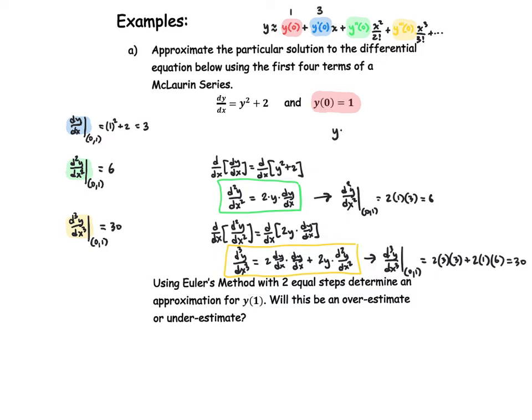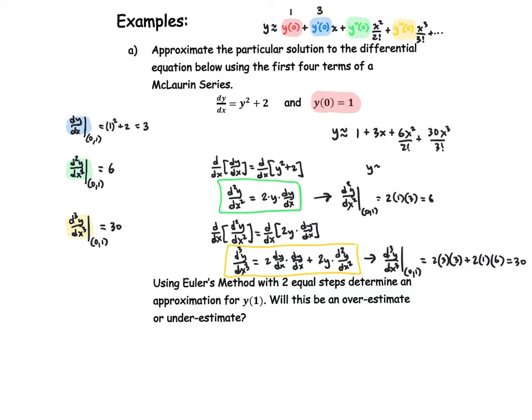So I can say confidently that y, our solution to the differential equation, will be approximately 1 plus 3x plus 6x squared over 2 factorial plus, what would that be, 30x cubed over 3 factorial.